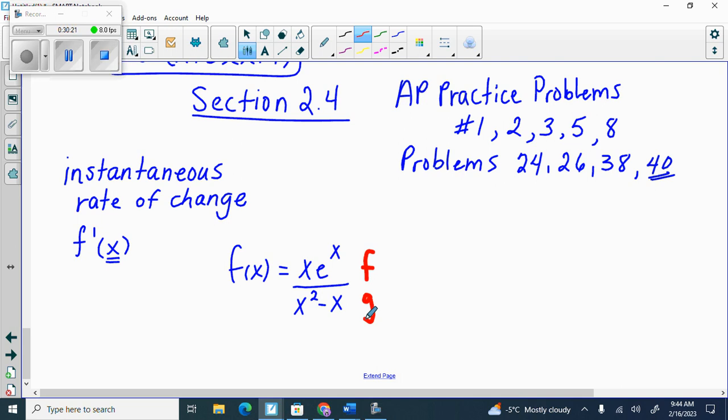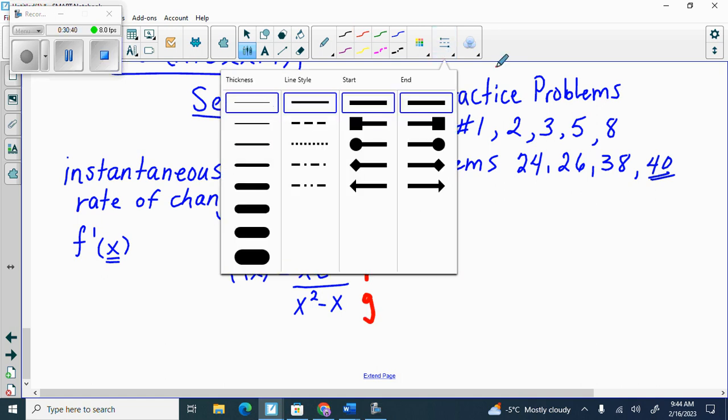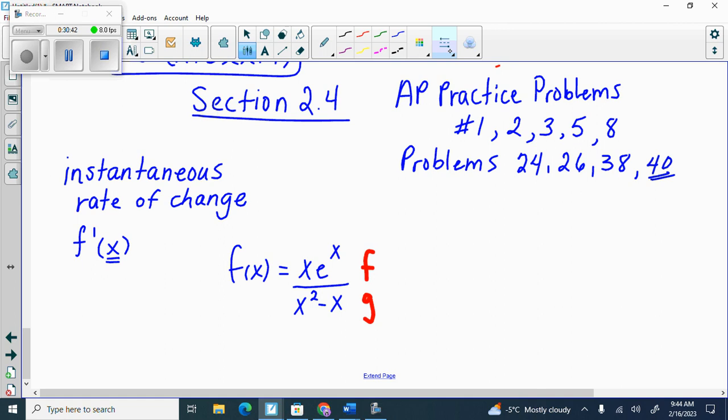What's the catch with this one? If you take an x out of the bottom, you can cancel out an x on the top. What if you don't do that? Still good. What do you have to do for f? Product rule. So f prime is going to be a product rule. I want you to try it that way anyways, and I want you to do both.